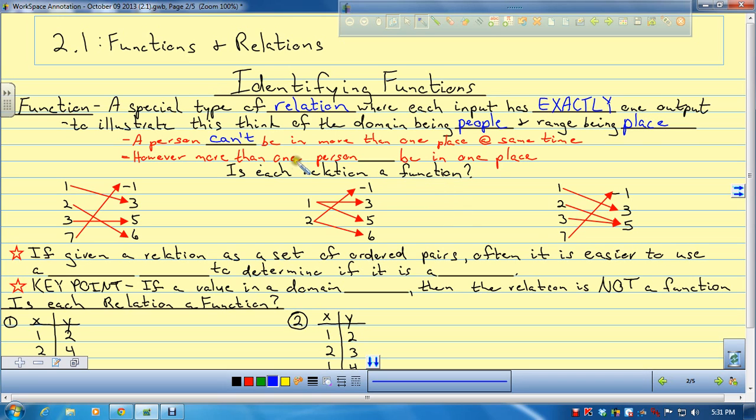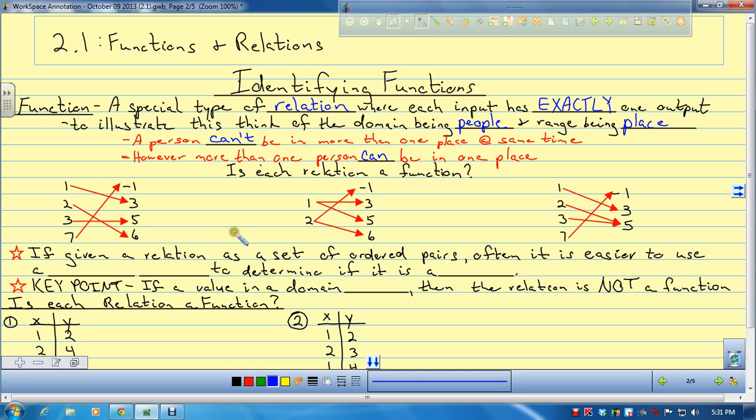However, with certainty, more than one person can be in one place. Think about when you go to the mall. Is there more than one person there? Obviously, yes. But you can't be at the mall and the grocery store all at the same time.